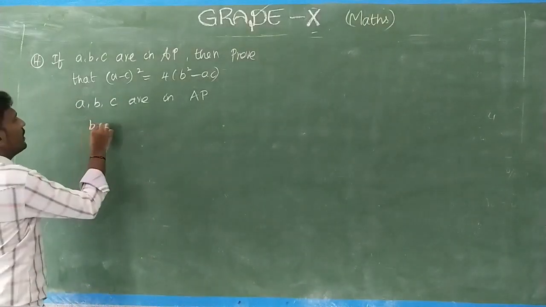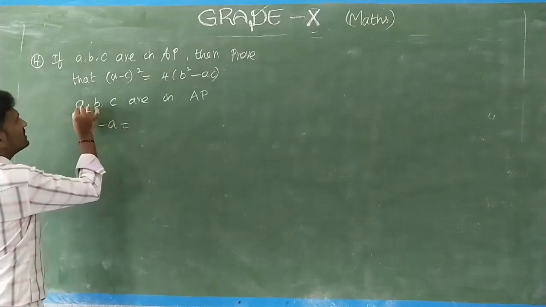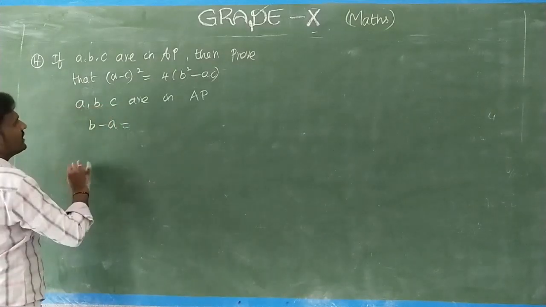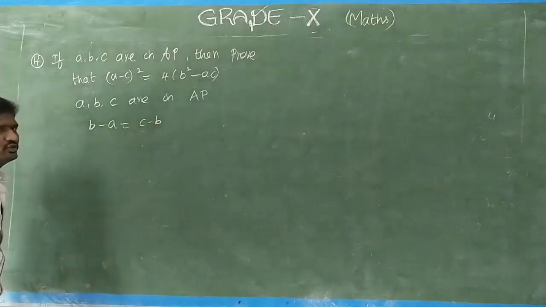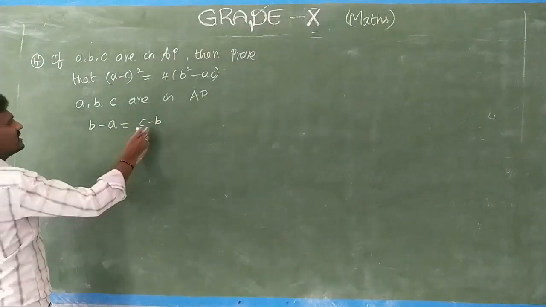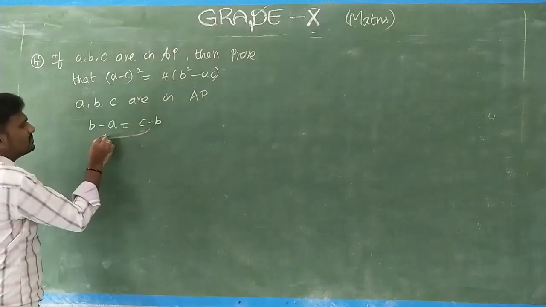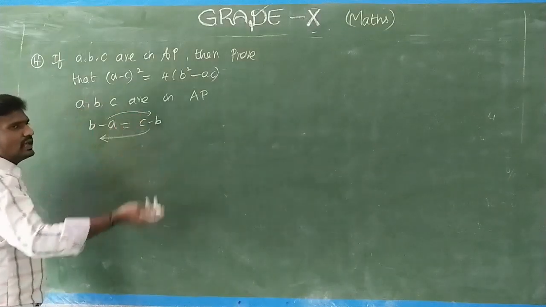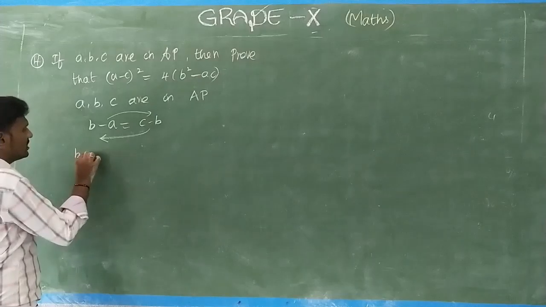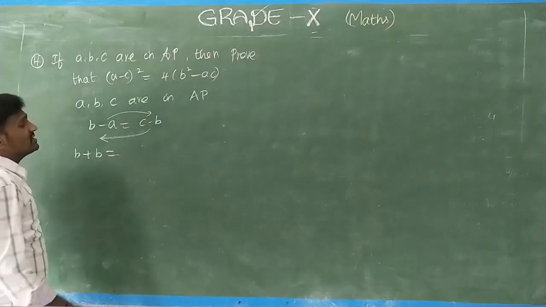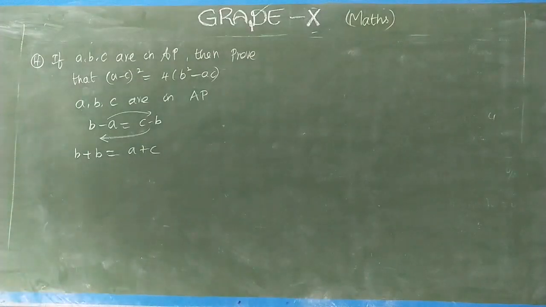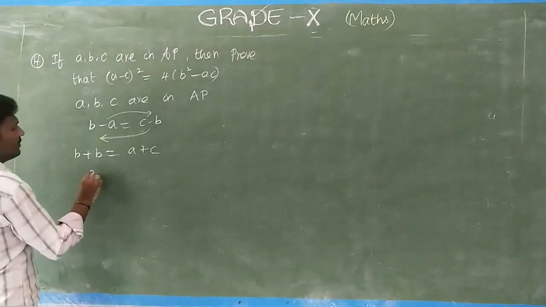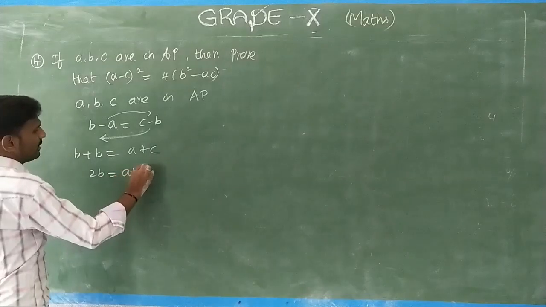So B minus A equal to C minus B. Now I am moving minus B to that side and minus A to the opposite side to get B plus B equal to A plus C. B plus B equal to what will come? 2B, which is equal to A plus C.